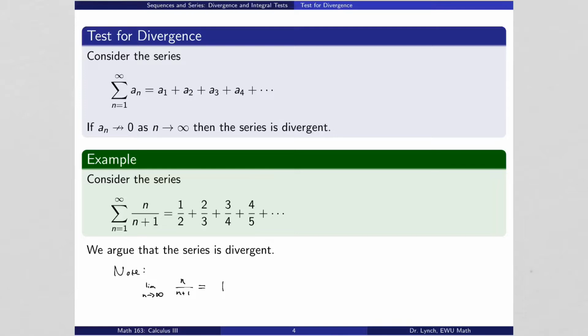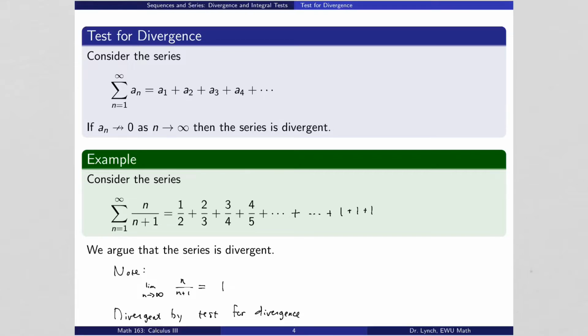So by the test for divergence, this series is divergent. And the intuition here is that when you get way out in the series, you'll be adding up things that look like about 1 plus 1 plus 1 forever, and there's no way that sum can close in on a number.